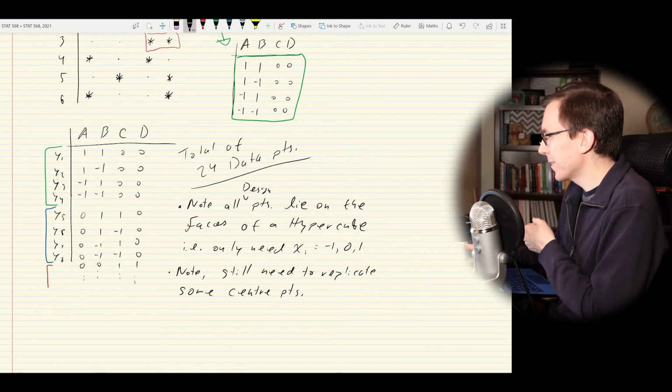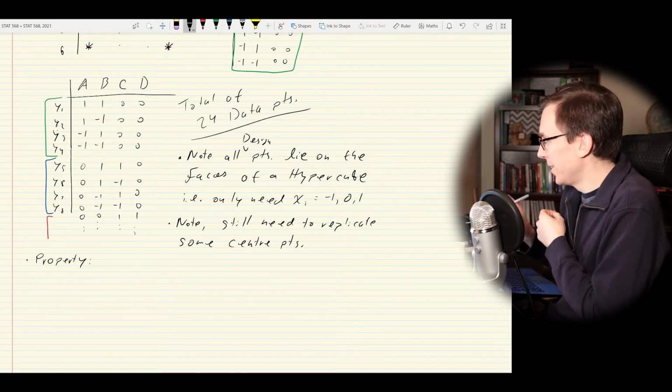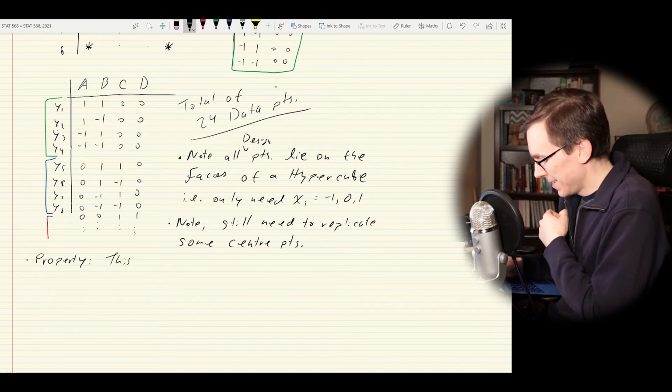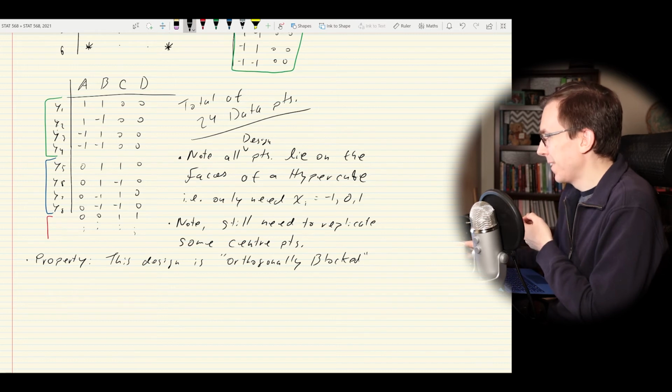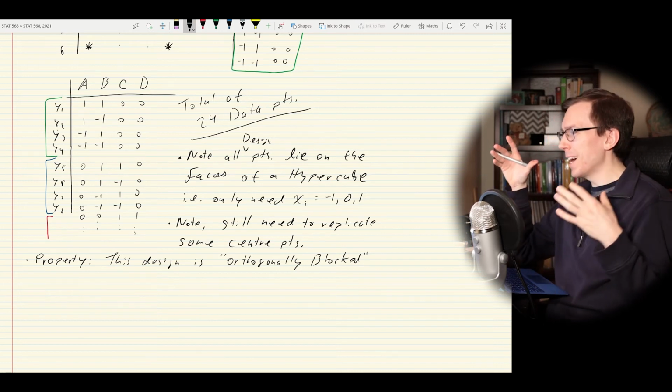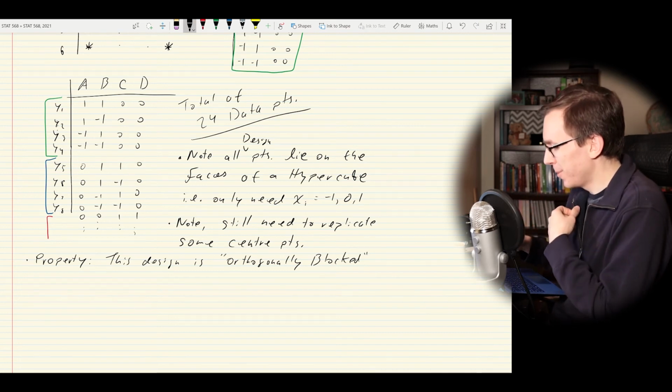All right, and then there's one other thing to note, and that is there is a property here called orthogonally blocked. Basically, this design is orthogonally blocked. All right, so what does that mean? It says this is the case where the block effects and the parameter effects are orthogonal, and hence do not interfere with one another.